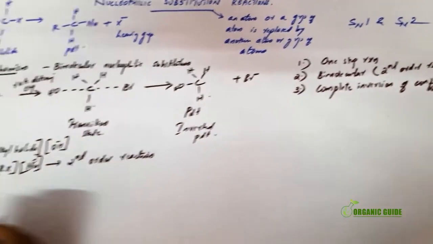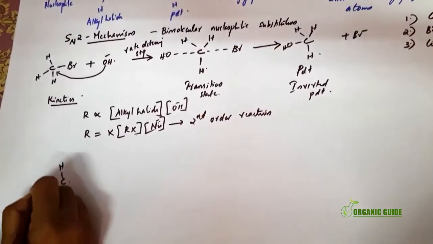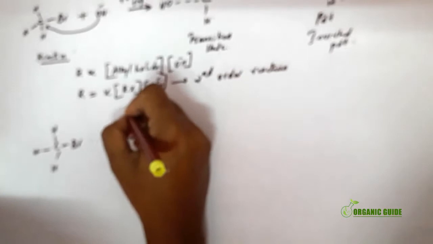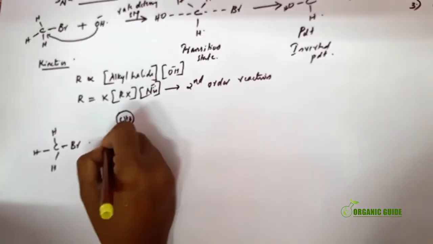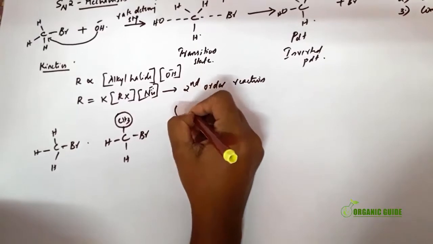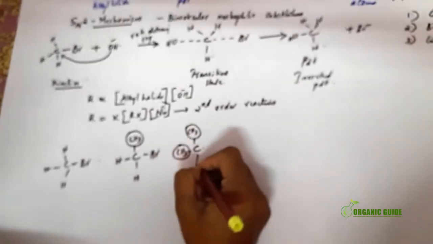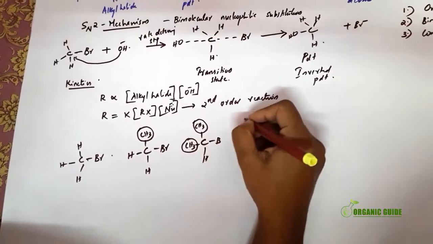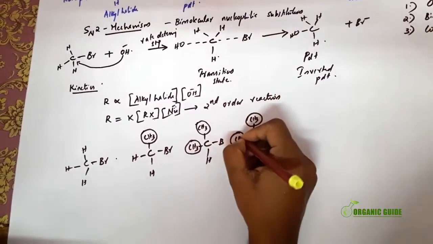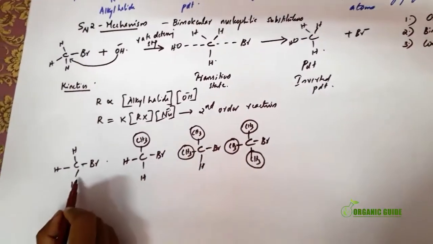Compare primary, secondary and tertiary alkyl halides. This is primary alkyl halide or methyl group, if we are replacing it with a bulkier group. So this is methyl bromide.